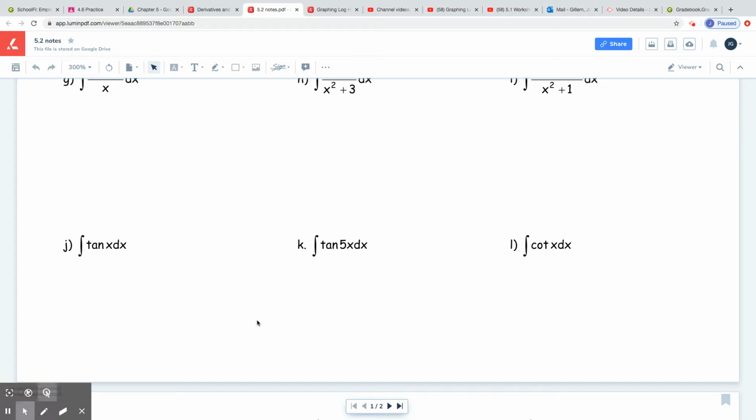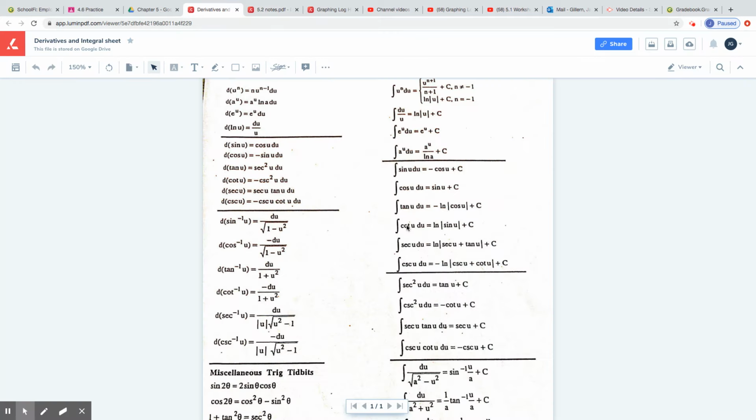Our first example is the integral of cotangent x. On our formula sheet, the integral of cotangent is right there. It's the natural log of sine u plus c. We don't need to go through changing cotangent to cosine over sine.